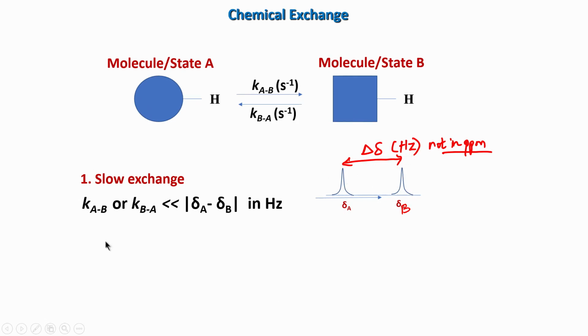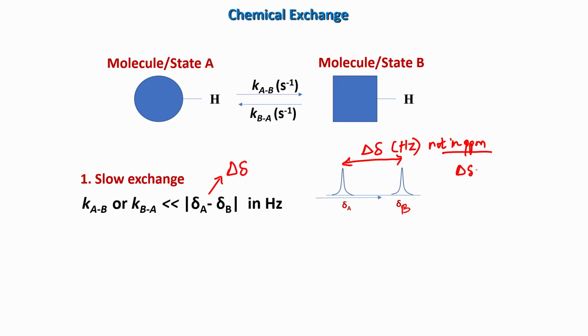Now these are the different possibilities. For example, this exchange is very slow, meaning the rate of this exchange, what is shown here, is much less than the absolute difference in the chemical shift. Suppose this is about 100 hertz, let us say this is delta delta.